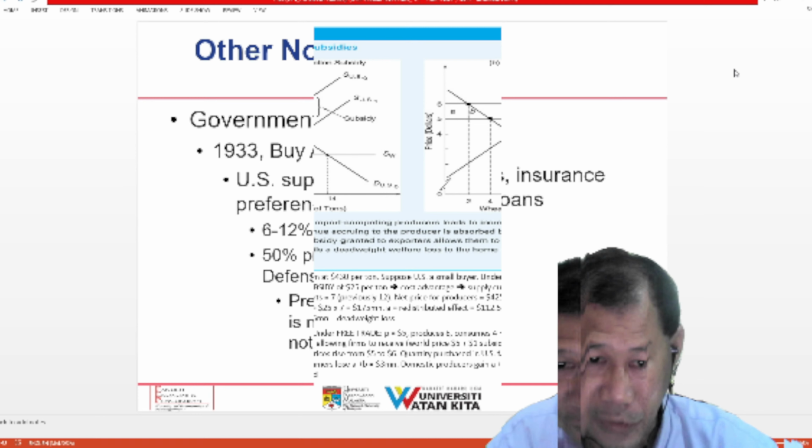US suppliers to civilian agencies get a 6 to 12% preference margin over foreign firms, and a 50% preference margin for the Department of Defense. Preferences are waived if US produced goods are not available in sufficient quantities or are not satisfactory in quality.